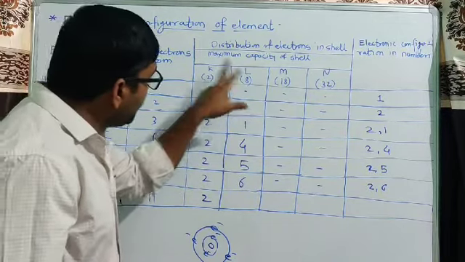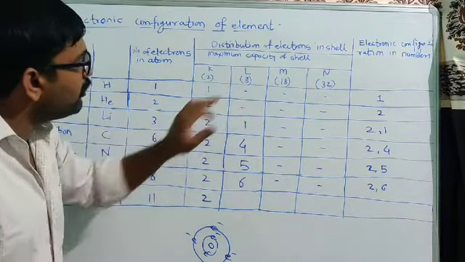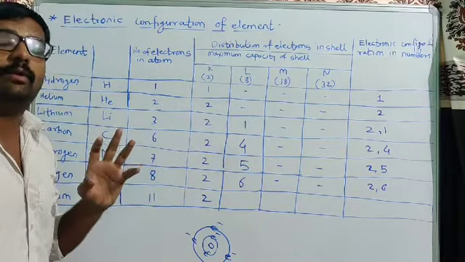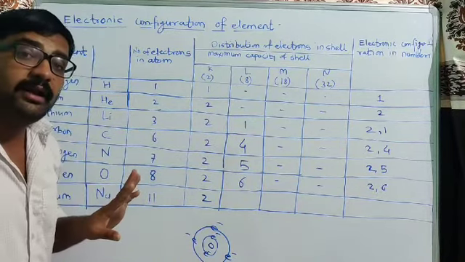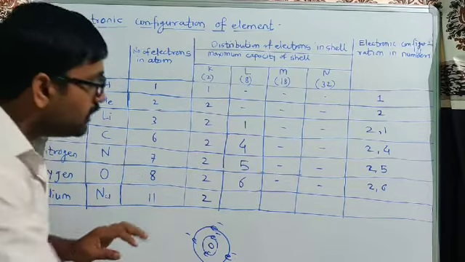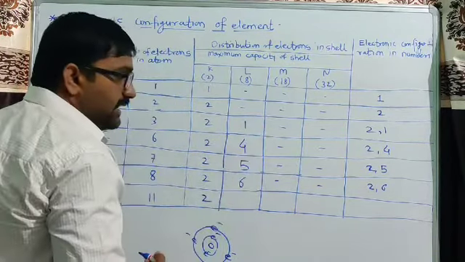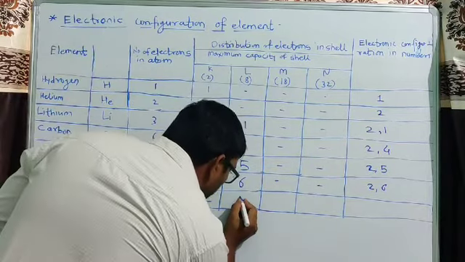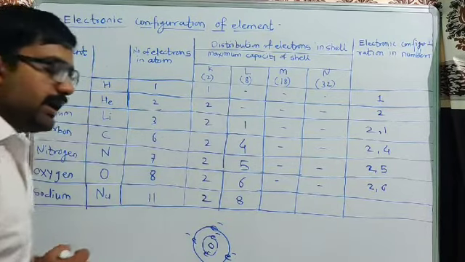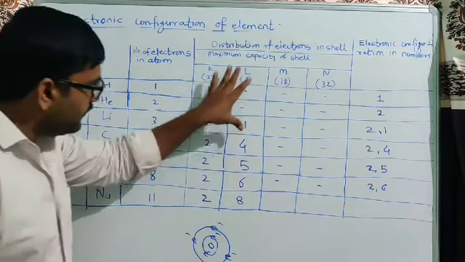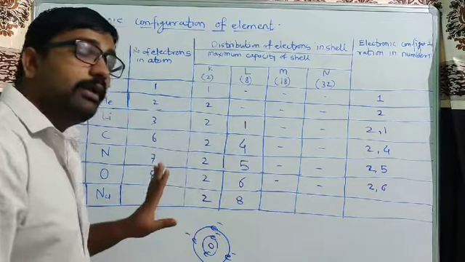But now look at the L shell. The maximum capacity of the L shell is 8 electrons, but 9 electrons are remaining. So a maximum of 8 electrons will be added into the L shell.